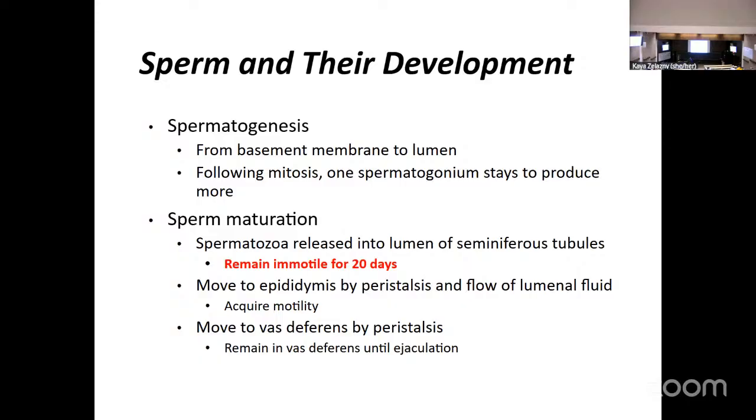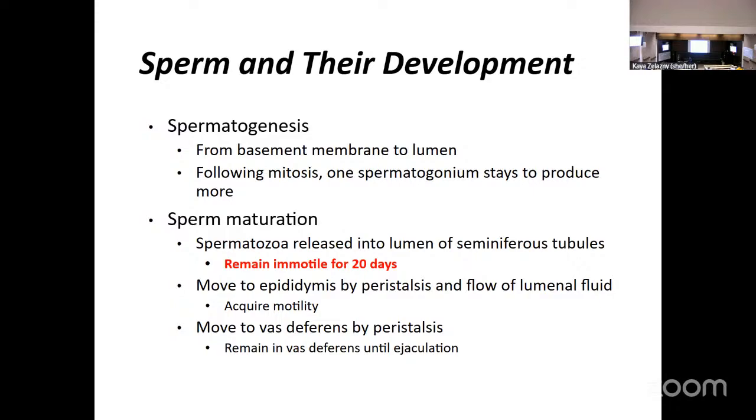Okay, but they're kind of new to it. So as they're going from the epididymis up and into the vas deferens that's lying within the spermatic cord, a lot of that is also still happening by peristalsis. And that is where they're going to be hanging out as mostly mature spermatozoa until ejaculation happens.